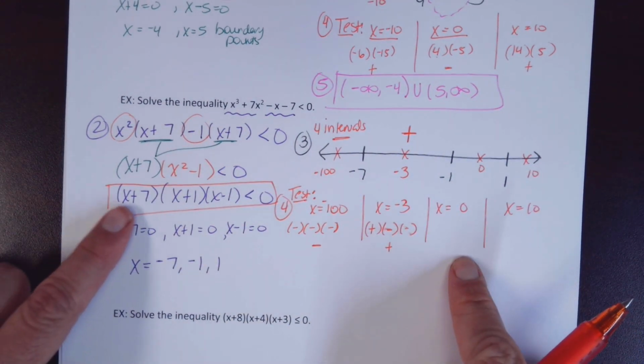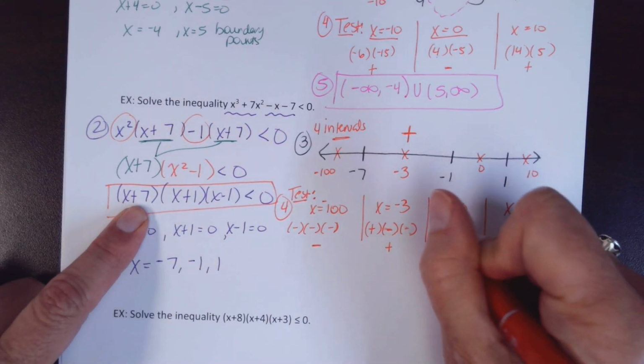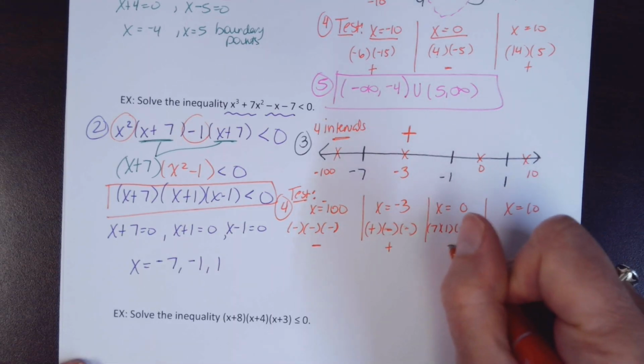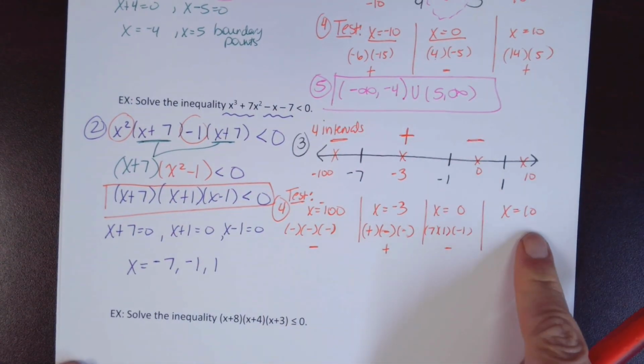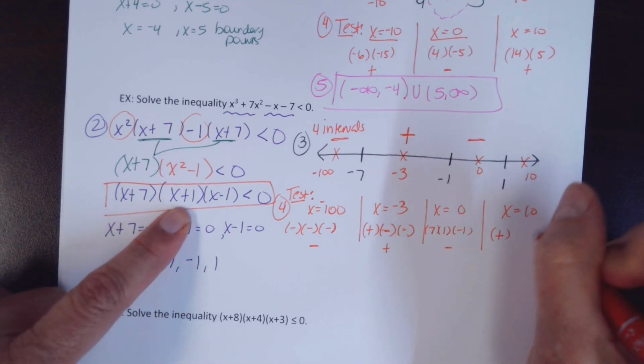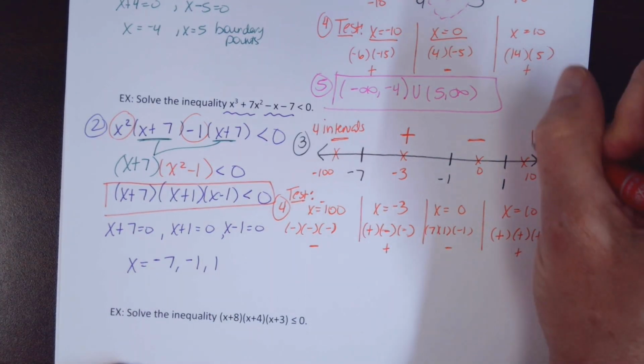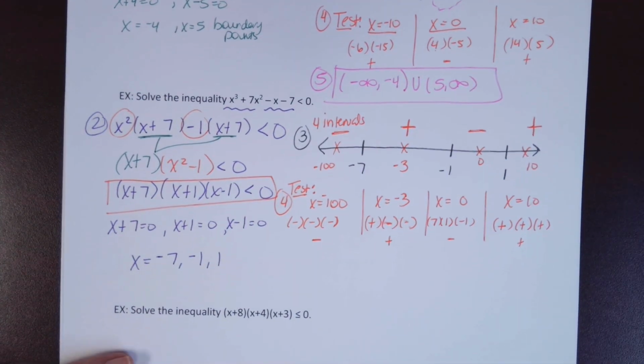When I plug in 0, that would leave me with 7 times 1 times -1. Positive, positive, negative, that's negative. And when I plug in 10, 10 and 7 is positive, 10 and 1 is positive, 10 minus 1 is positive. So everything in that interval is positive.